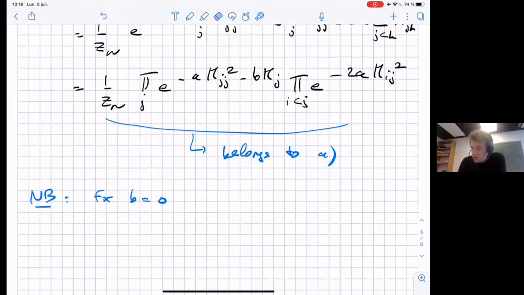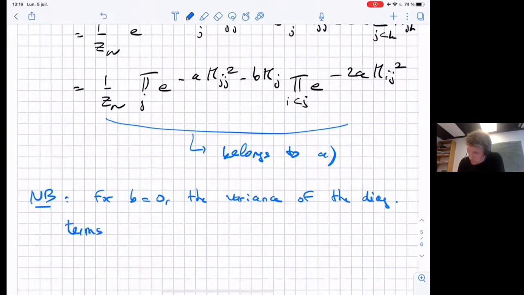In fact, the variance of the diagonal terms is just twice the variance of the off-diagonal terms. So that means that they fluctuate a little bit more. But this is quite important if you really want to have a real symmetric matrix.